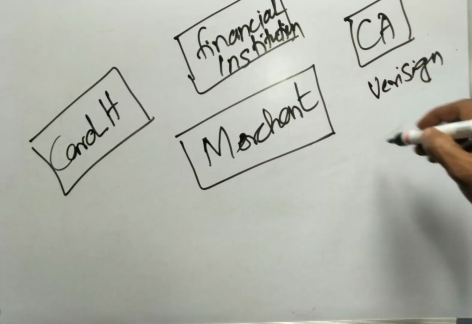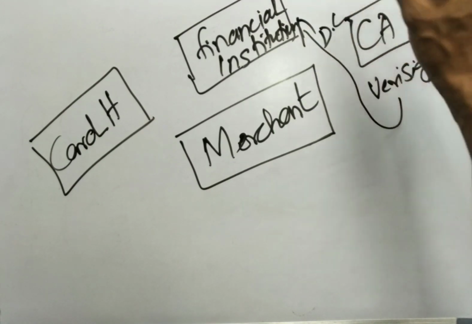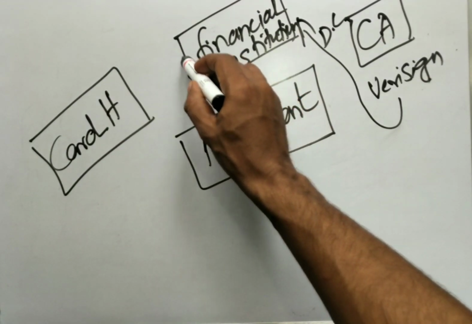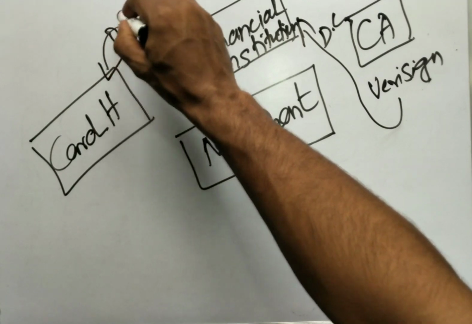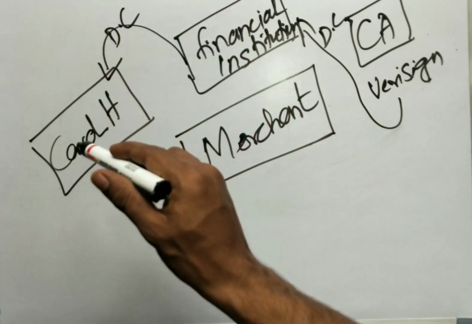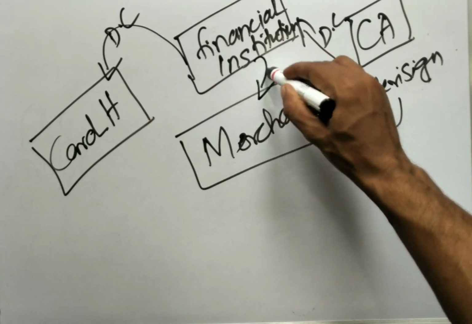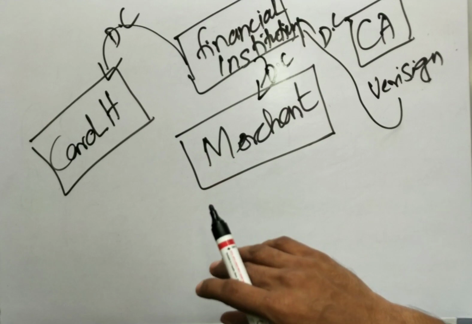Suppose there is a third party, VeriSign, who will be providing a digital certificate to the financial institution. Now the financial institution will in turn certify the card holder with a digital certificate. Also, this financial institution will provide a digital certificate to the merchant.